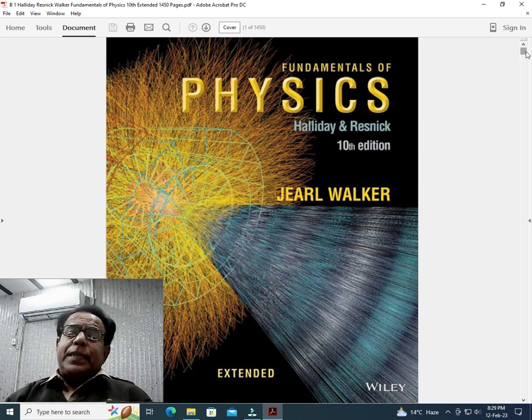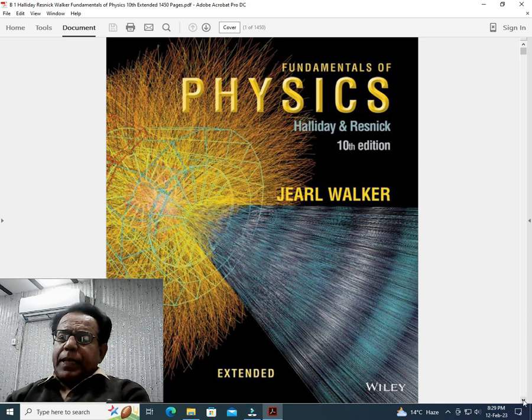As I have previously stated, such books usually contain chapters between 40 and 45, and out of these 45 chapters, almost 10 chapters relate to modern physics, and the other chapters do not. So extended is used in the sense that modern physics is also included in this edition.